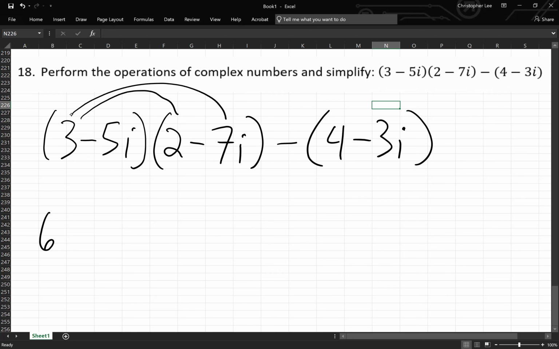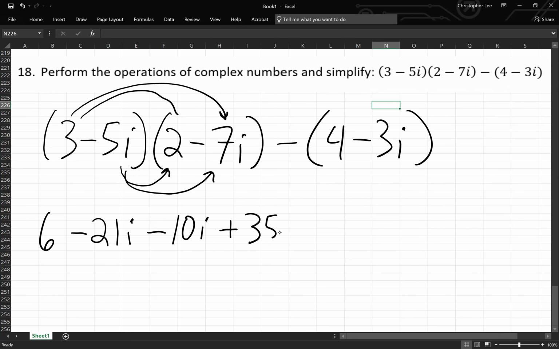3 times minus 7i is negative 21i, right? And then minus 5i times 2 is negative 10i, right? And then minus 5i times minus 7i is 35i squared. So plus 35 what?